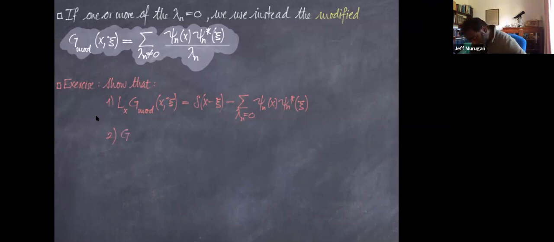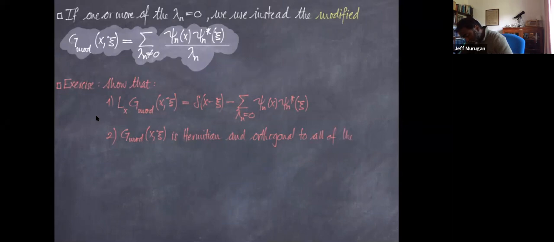So show that this is Hermitian, with respect to the standard inner product on this space of functions, and orthogonal, again, with respect to the same inner product, to all of the zero modes of Lx.